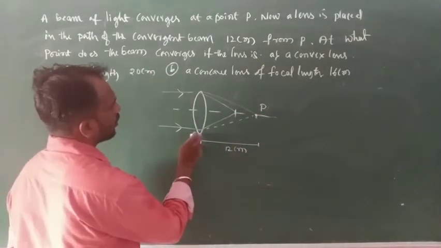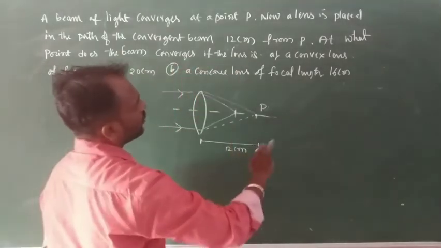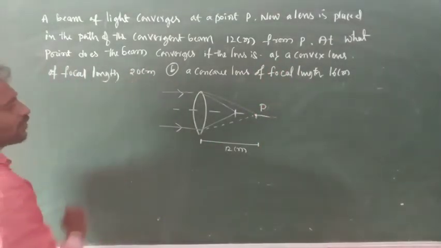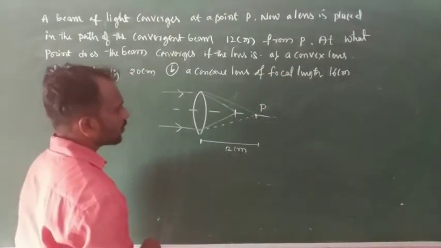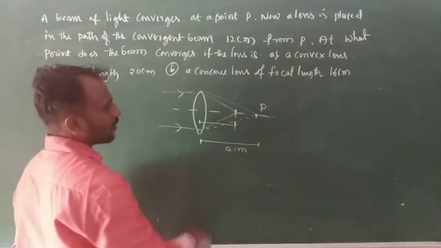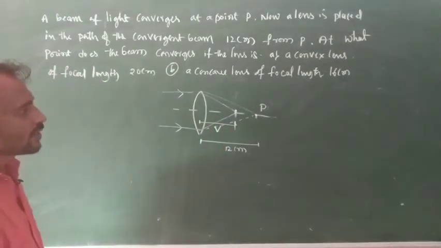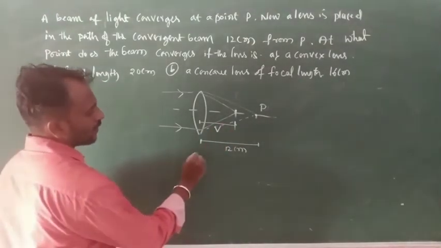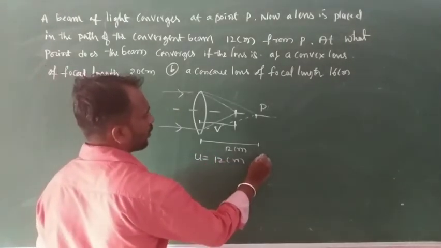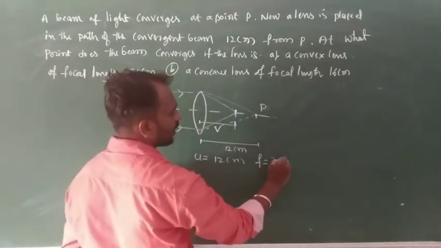The beam converges if the lens is a convex lens of focal length 20 centimeter. So focal length is 20 centimeter, and these light rays converge here, where we get an image. So here we consider the object distance is 12 centimeter and the focal length is already given as 20 centimeter.